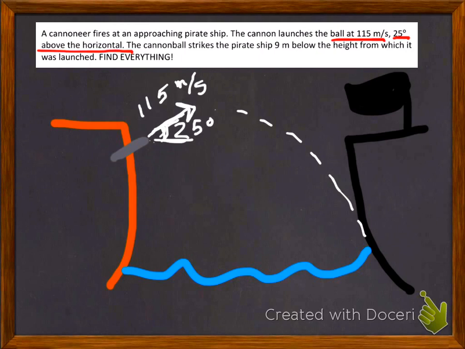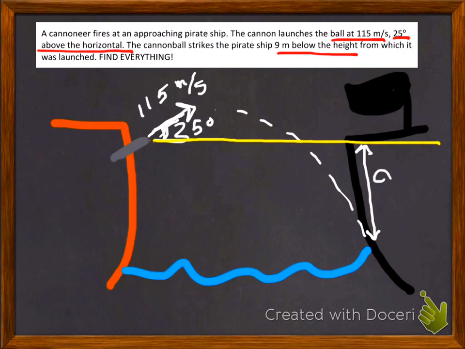So last bit of information that the problem gives us is that the cannonball hits the pirate ship 9 meters below the height that it was launched at. So if, let's say, this yellow line represents that horizontal line from which it was launched, then we know that the overall final vertical change will be 9 meters. And that's really all the information that this problem gives us to draw a picture from.